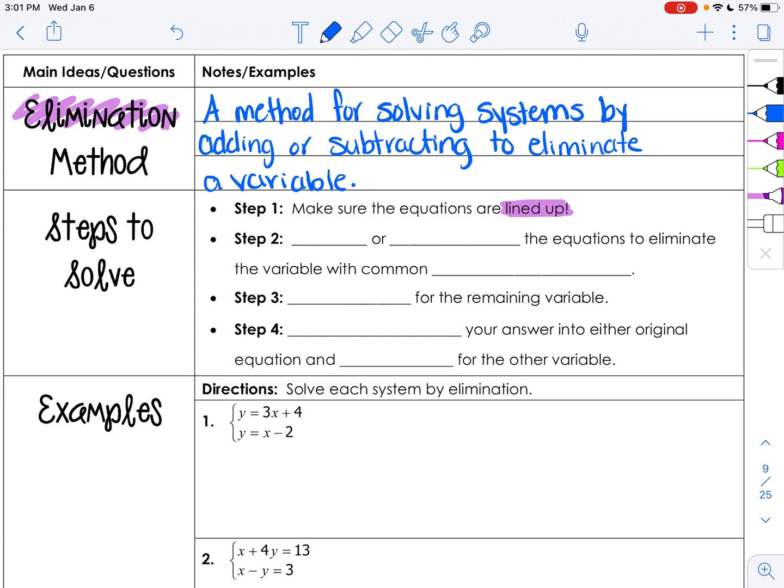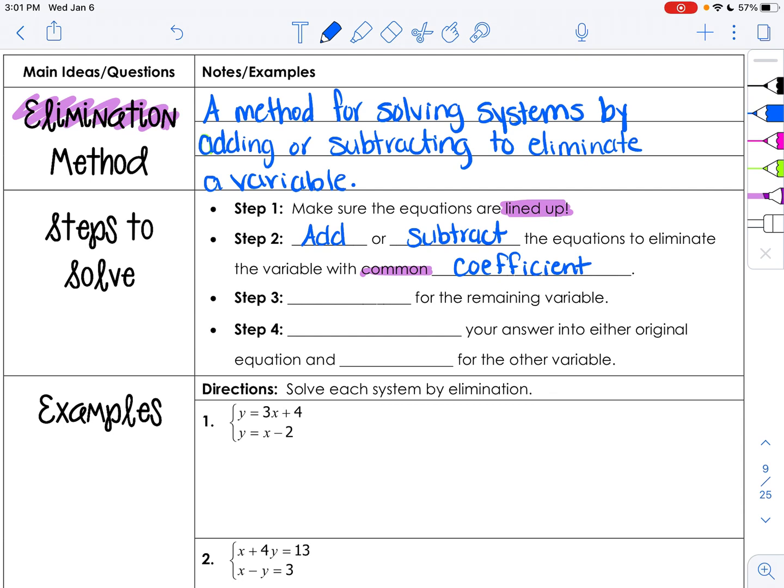Next, you want to either add or subtract the equations to eliminate the variable with the common coefficient. So you're looking for that common coefficient.